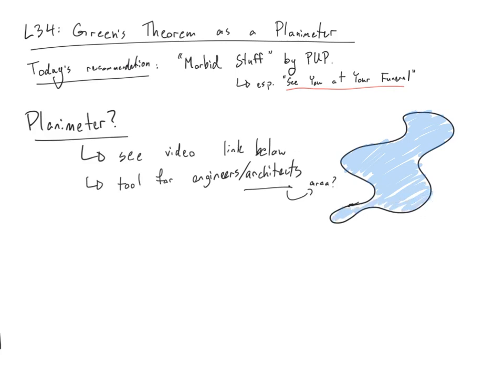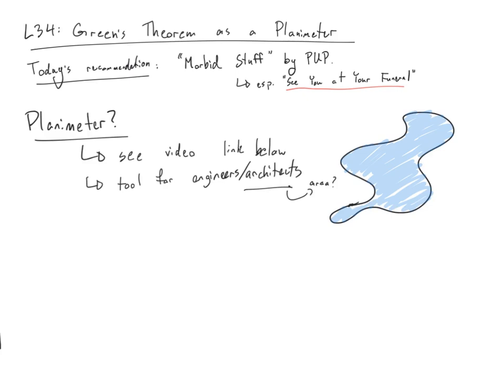And so you just have your perfect one-to-one scale drawing, and you take this tool and you draw around this loop around the region whose area you're trying to compute, and the tool tells you the area.